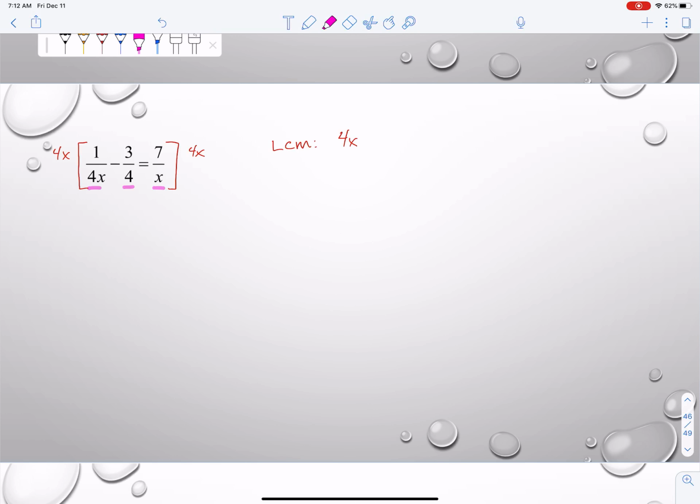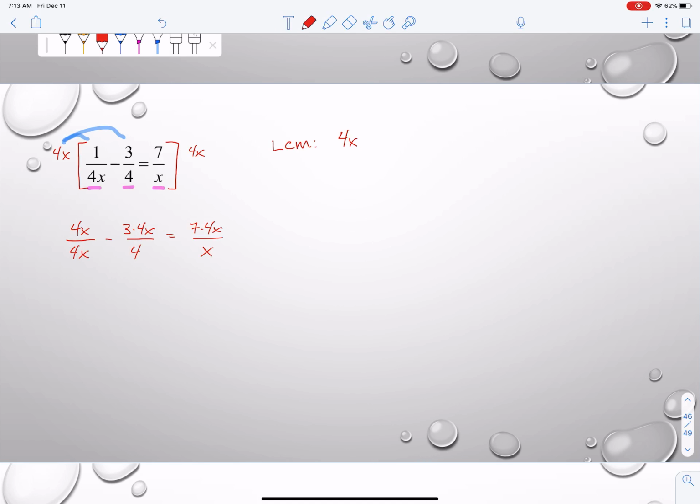On the left, I'm going to have to distribute to both of the rational expressions here. So when I distribute to the first, I'm going to have 4x over 4x minus 3 times 4x over 4 equals, and on the right, I'm going to have 7 times 4x over x.